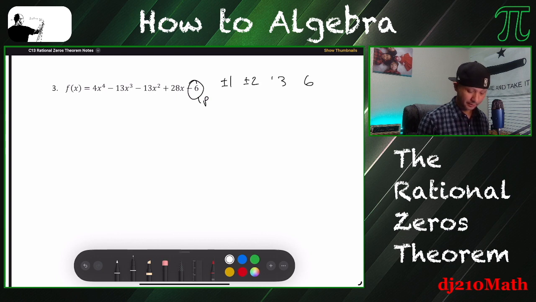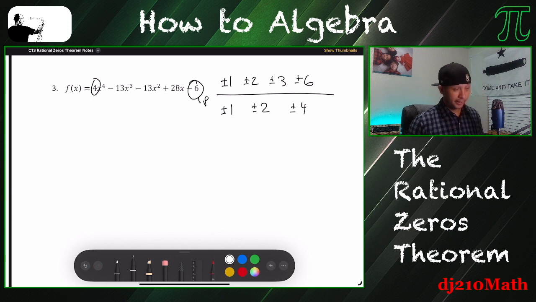All plus or minus. Q, which is 4, is going to be 1 and 4. And then 2 and 2, right? 2 times 2. And again, these are plus or minus. Okay, our list is going to be kind of lengthy.